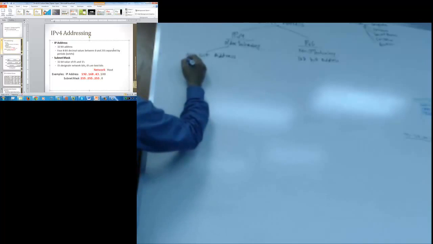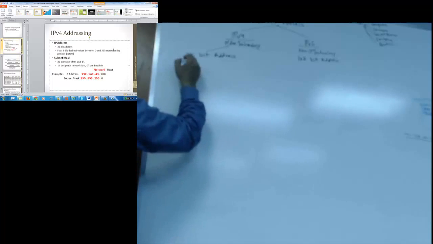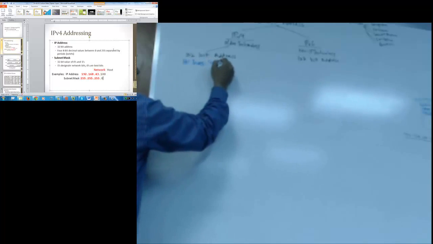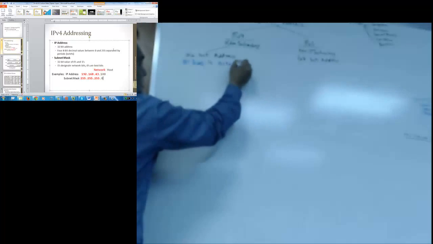An IPv4 address is divided into four parts. It has four octets, and an octet is a part.